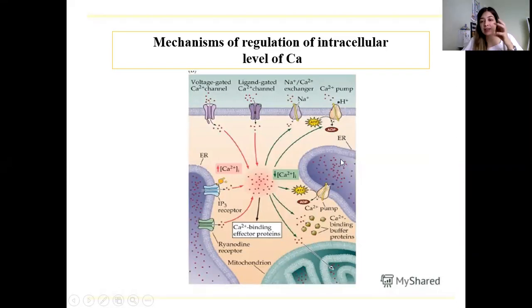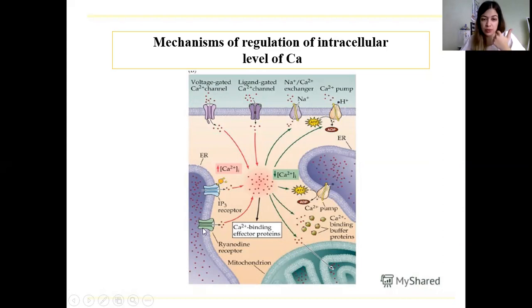It takes calcium from the endoplasmic reticulum to the cell. No, opposite, sorry. The calcium pump has the opposite function. It brings calcium from the intracellular space to the endoplasmic reticulum to make the storage.